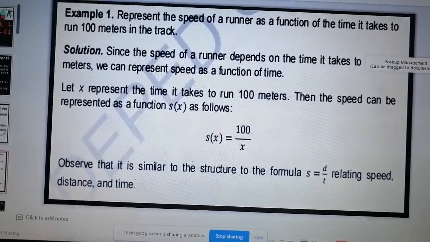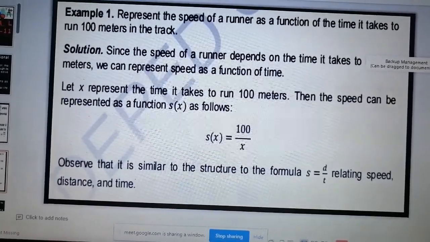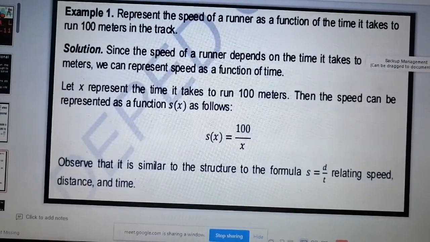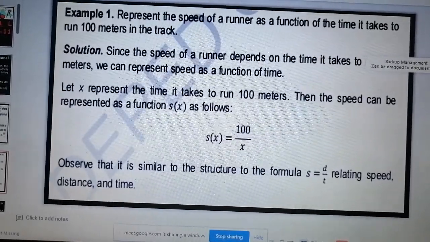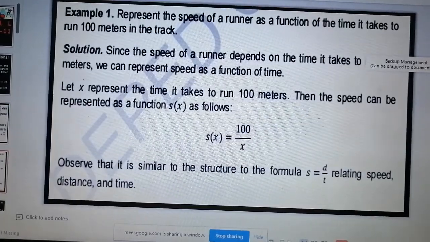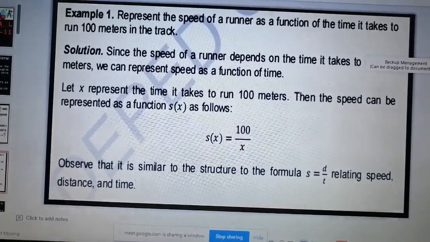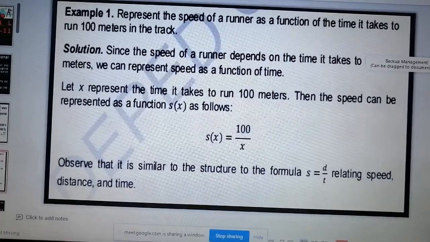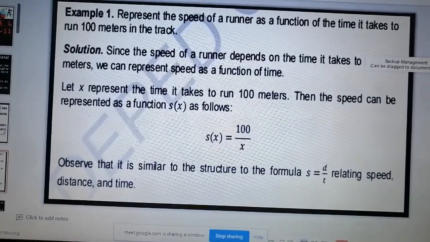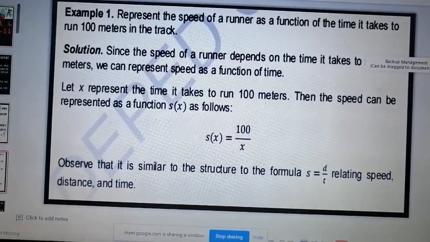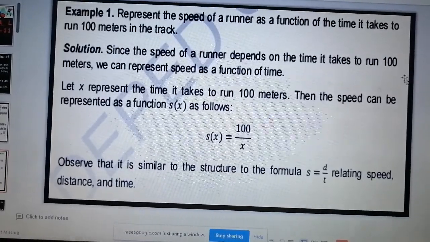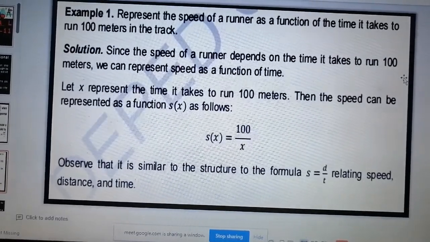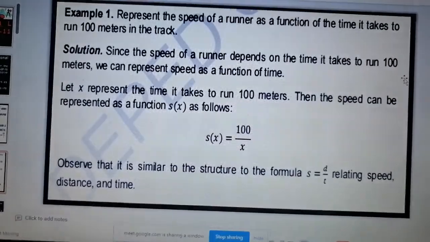Okay. May given na tayo na meter. Meter is 100 meter. Example number 1: represent the speed of the runner as a function of the time it takes to run 100 meters in the track. Solution: since the speed of the runner depends on the time it takes to run 100 meters, we can represent speed as a function of time.